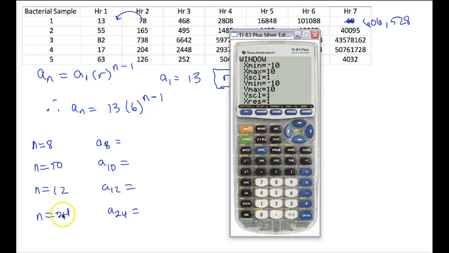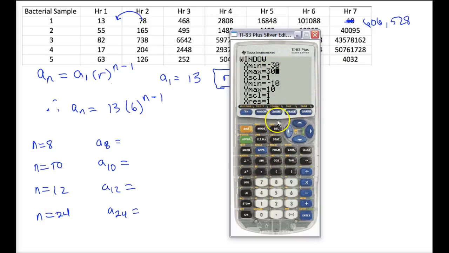In particular, 24 doesn't fit. So I'm going to change this to negative 30 to 30, and that way I know that all the numbers 8, 10, 12, and 24 actually fit within that particular range.